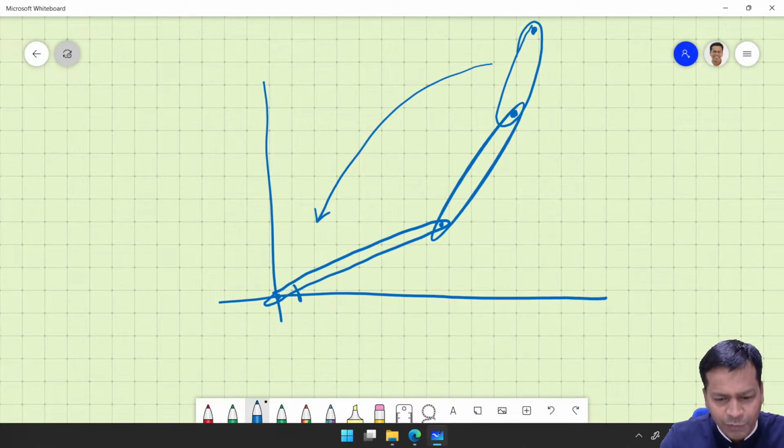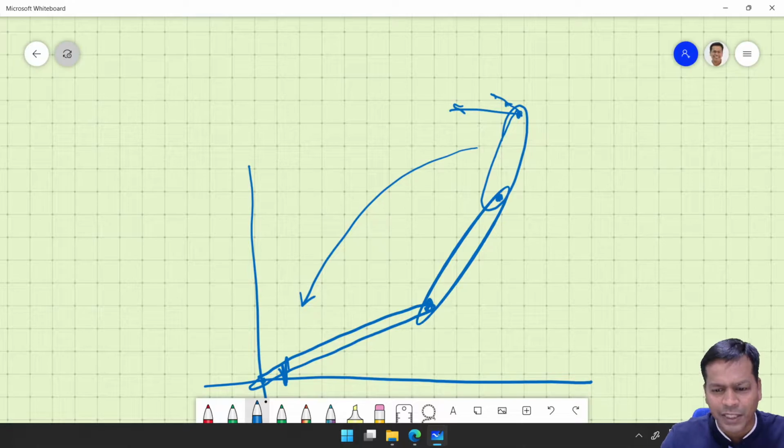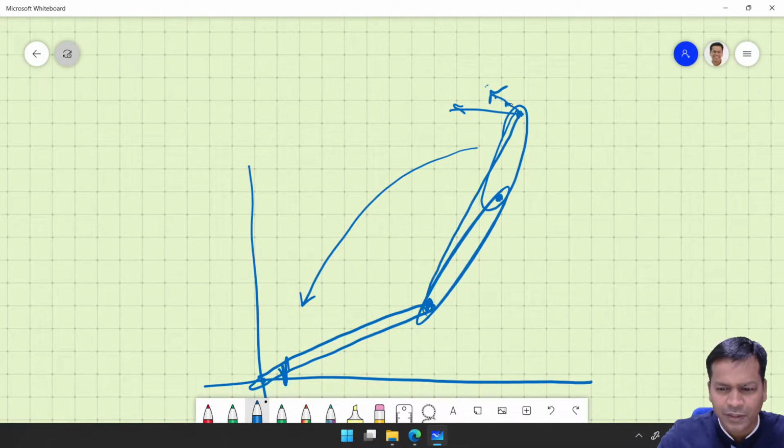If this is moving, this is moving with some velocity. If this is moving, this is again moving with some other velocity in some other direction. Obviously, if this is rotating, and this is the distance, this will be the velocity due to the second joint motion, and this is the velocity due to the first joint motion.